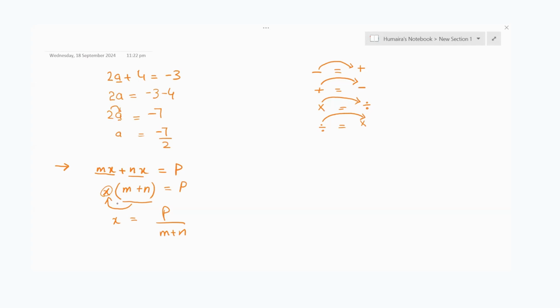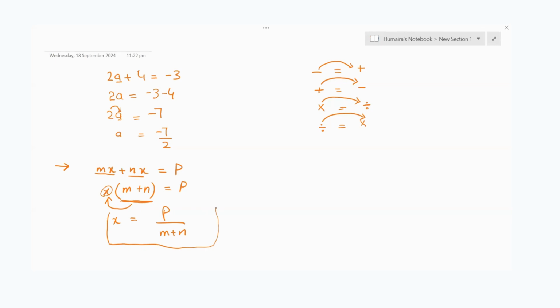The same thing I just applied here. I just kept the x on this side and I shifted this whole thing that is multiplying with this x to the other side of equality, and now it is in the denominator, that is in the division of p. So we can say that x is equal to this one. Is that clear? Yes.